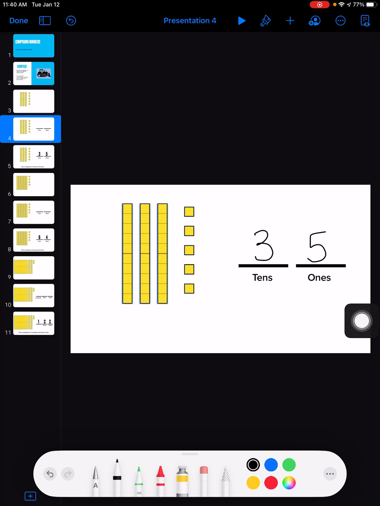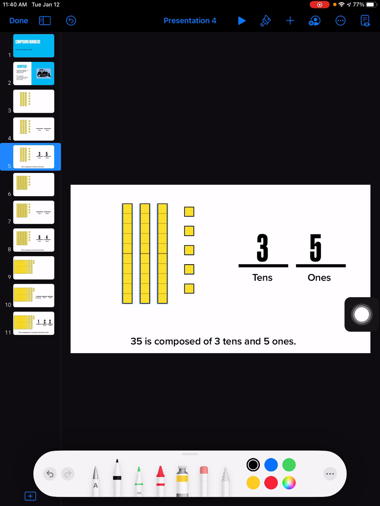So I have 3 tens and 5 ones. 3 tens and 5 ones is 35. 35 is composed of 3 tens and 5 ones. We took the tens and the ones of this amount and pushed them together to make our total.